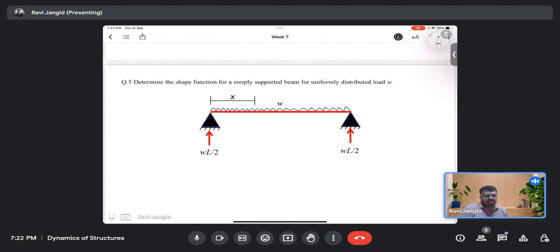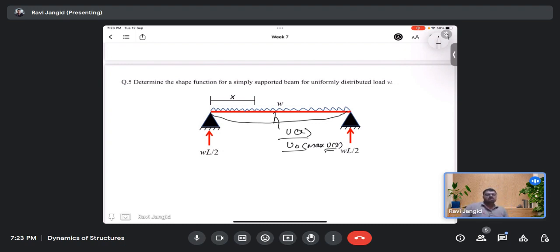We need to find out the shape function for this simply supported beam with the uniformly distributed load W. So in this you need to do nothing. You need to find out your expression of the deflection in terms of u(x), and you need to divide it by u naught or whatever the maximum of u(x).